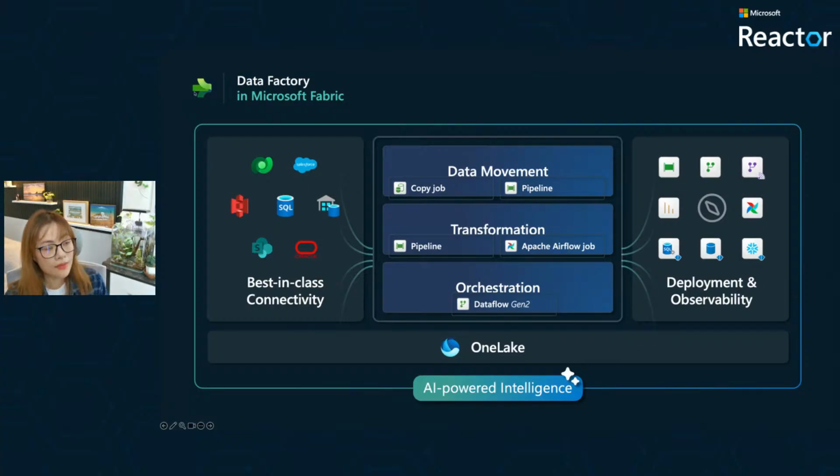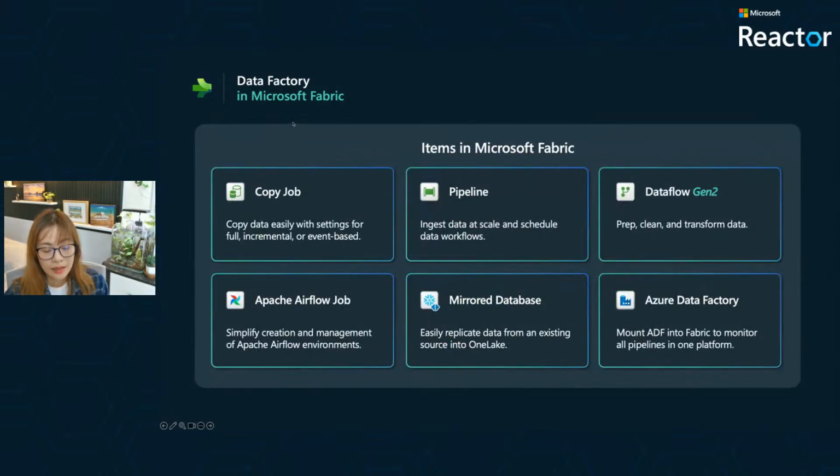Let's look at how Data Factory supports all the major critical data integration capabilities, which include rich connectivity, data movement, orchestration, transformation, with deployment options and observability. Here are some of the items provided with Data Factory in Microsoft Fabric. You have Copy job to easily copy your data. You have pipelines to orchestrate and schedule things at scale.